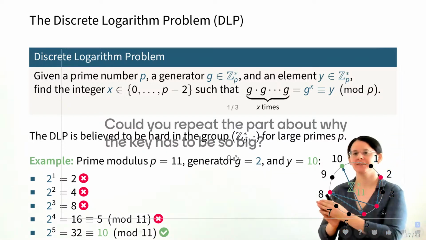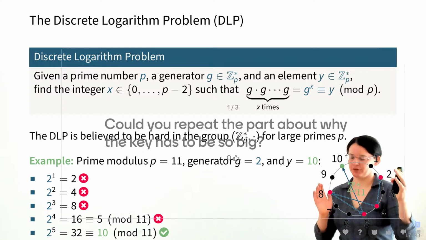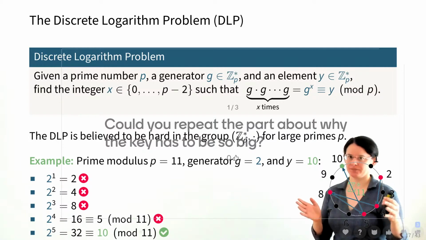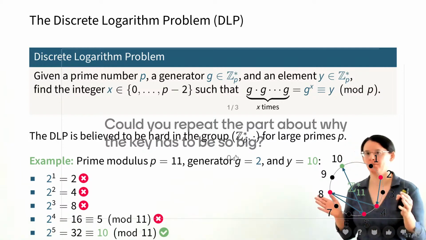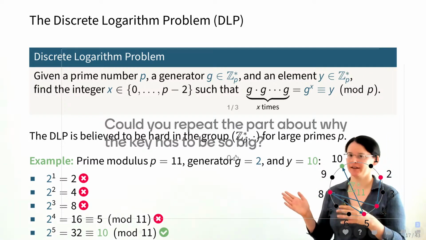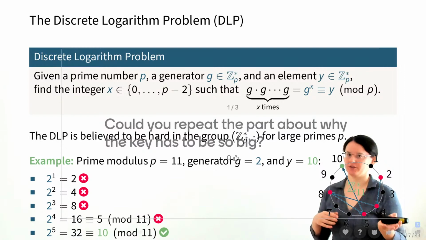And that also means that a larger key, like for example a 1000-bit modulus, so the discrete log problem modulo a 1000-bit modulus, would take something like 2 to the 80 operations, which is 80-bit security.